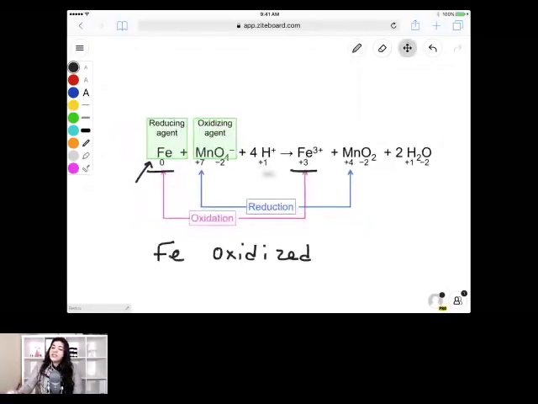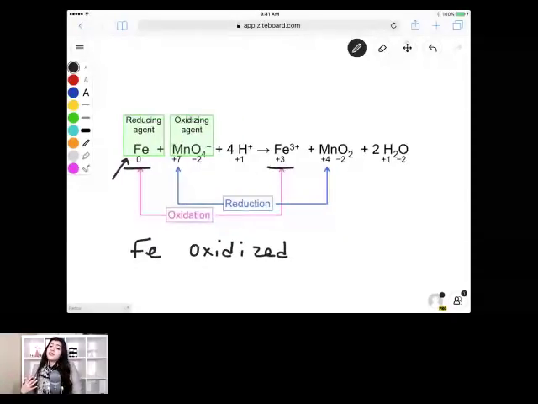And then we'll see that, okay, our reduction process, note that it's not going to be your oxygen. We're not focused on oxygen because oxygen's oxidation number will always be a -2. That's not going to change. What's changing here is Mn, or manganese, and we'll see that that's going from a +7 to a +4. So it's being reduced because it's going down. It's becoming more negative.